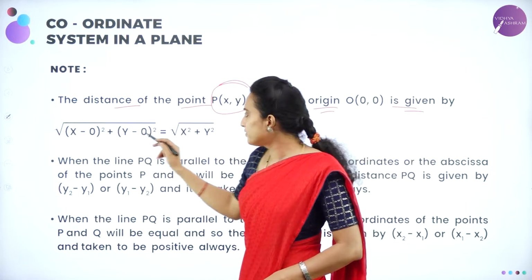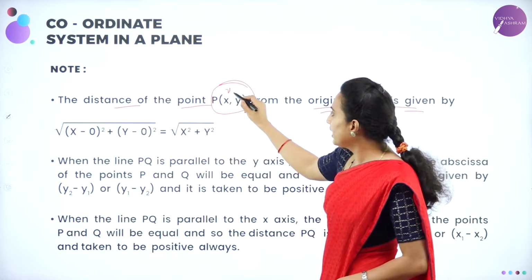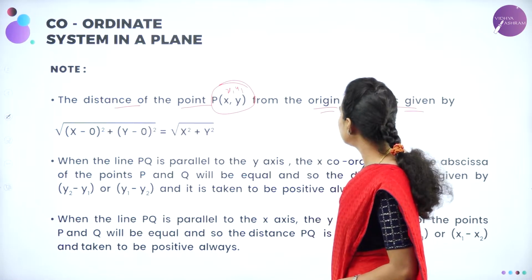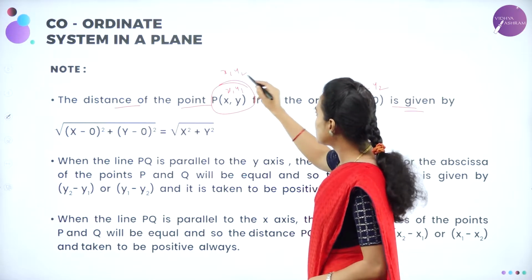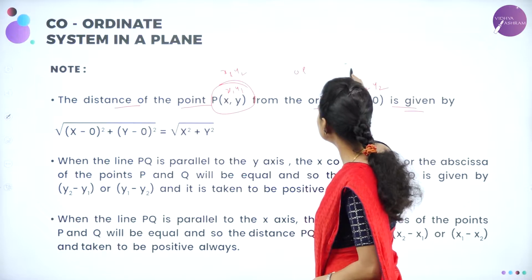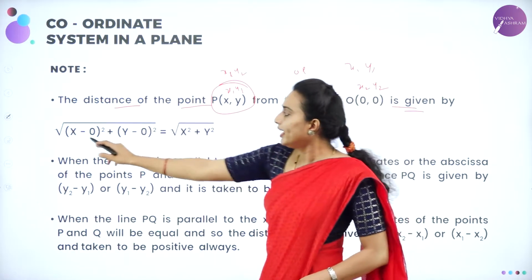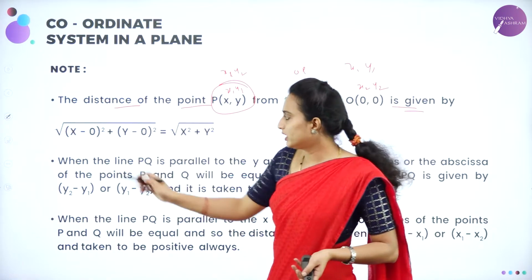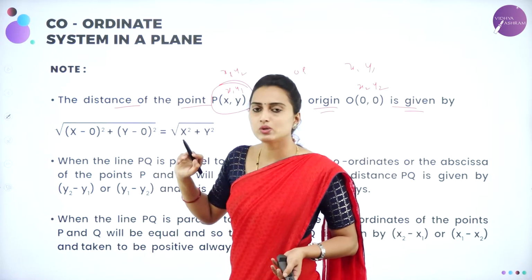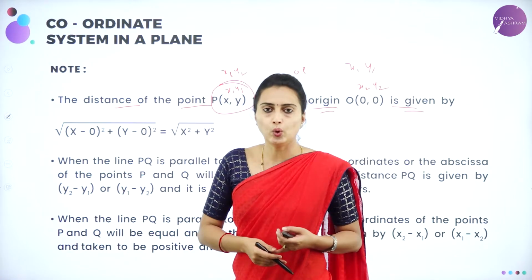A square root of, suppose you take this one as x1, y1 and this one as x2, y2, or the other way round. So I can write x minus 0 whole square plus y minus 0 whole square, that is x2 minus x1 whole square plus y2 minus y1 whole square.